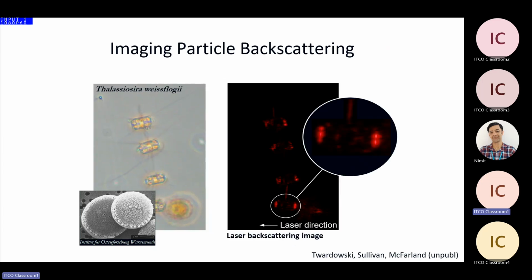This is what it looks like with the laser backscattering image. You get very, very bright areas around the pillbox. You can take a Petri dish and do the same thing with a laser, and it shows the exact same type of image. So it was clear that you need a high refractive index difference in order to get these very bright spots. We think this is really the source of the enhanced backscattering from these particles.